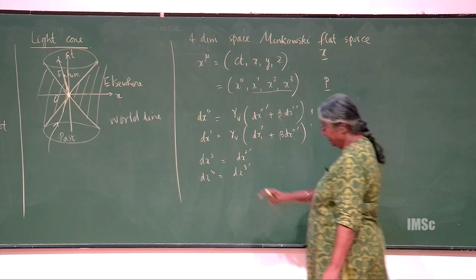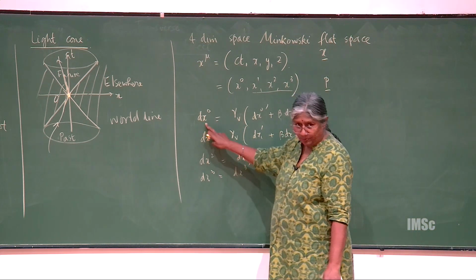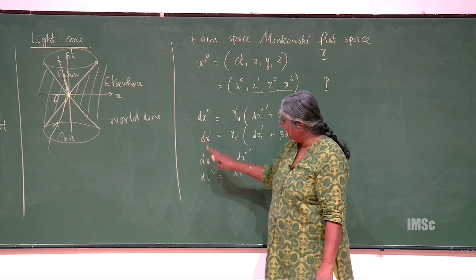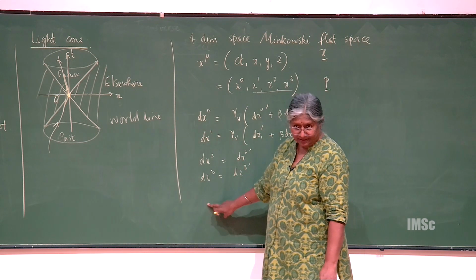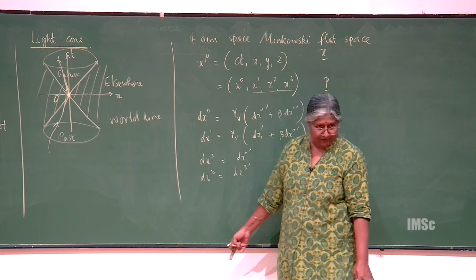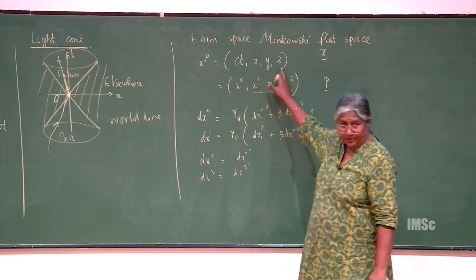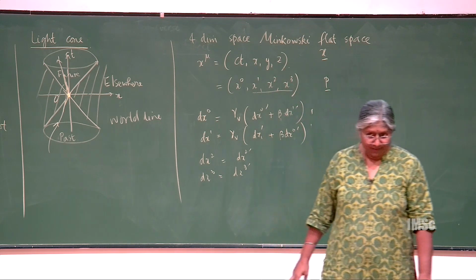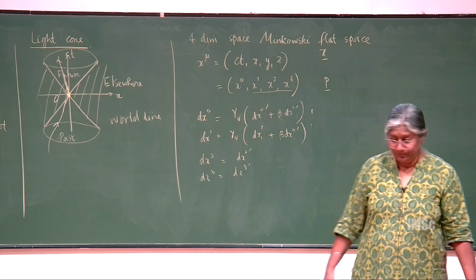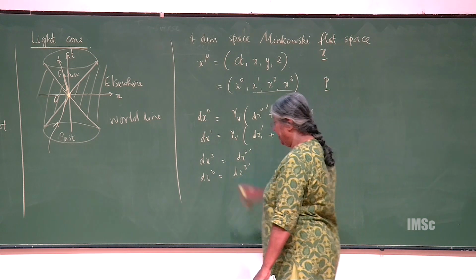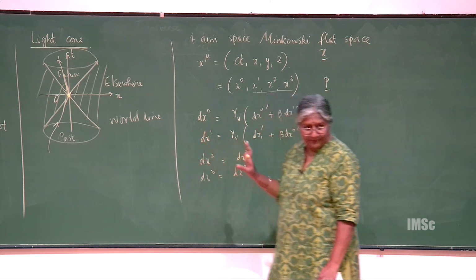And I know that I can write dx naught by dt, dx1 by dt, dx2 by dt, dx3 by dt and try to get a 4 vector. Now immediately you see, you know that x0, x1, x2, x3 transform nicely, but t also transforms. So in fact you would rather put a dx by d tau rather than a dx by dt.